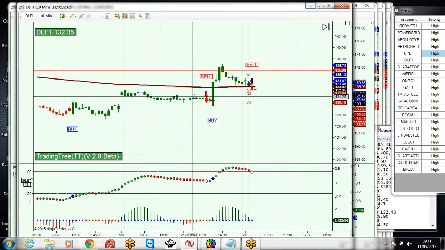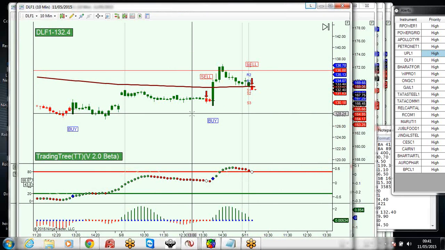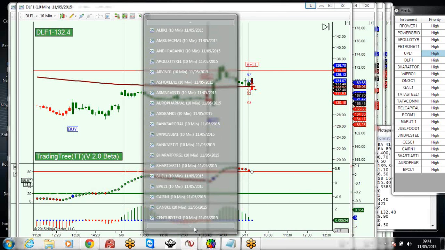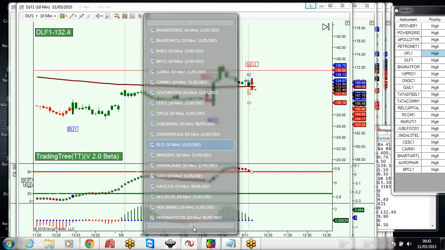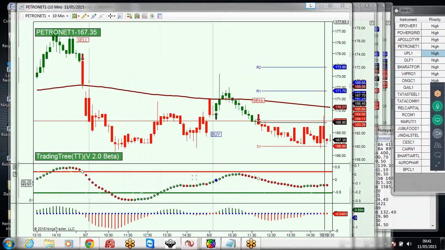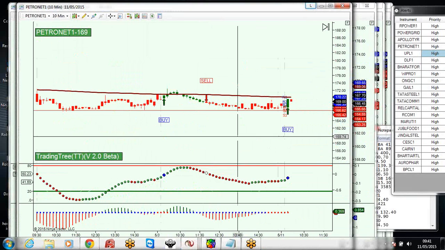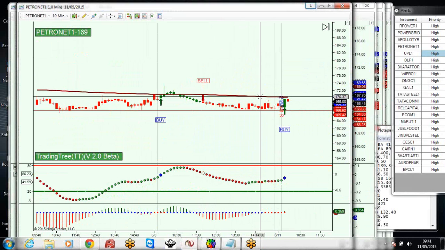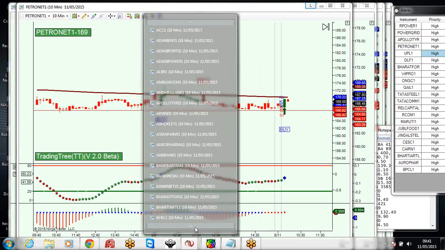You can short it below this S2, that is 131.80. So this again, let's buy it above this particular brown line. Let's bet on it.